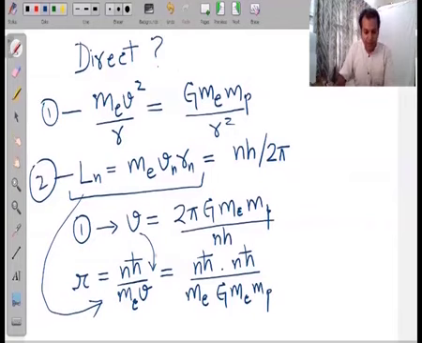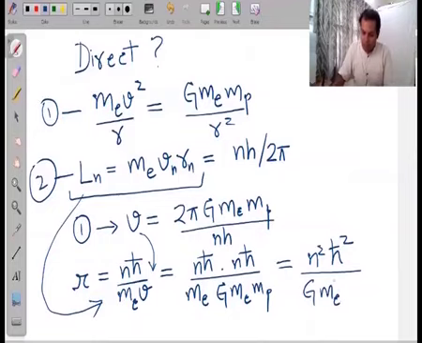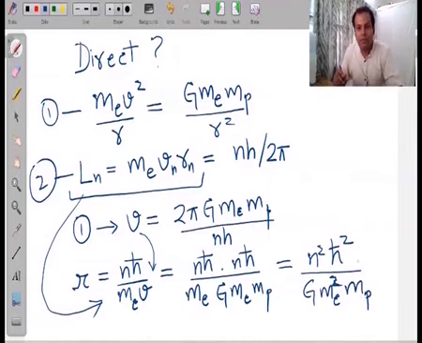So what does it tell for R? R is N square H bar square upon G ME square times mass of proton. That brings us nearly to the end of this calculation.